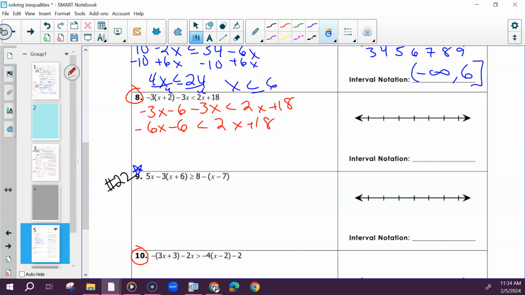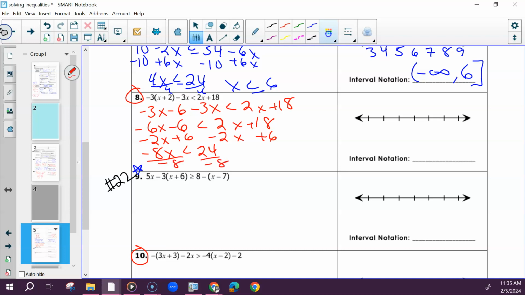What do we want to move first? The 2. Okay. So if we subtract 2x, then we'd have to add 6 to the other side. So -8x is less than 24. When we divide both sides, is the sign going to change?